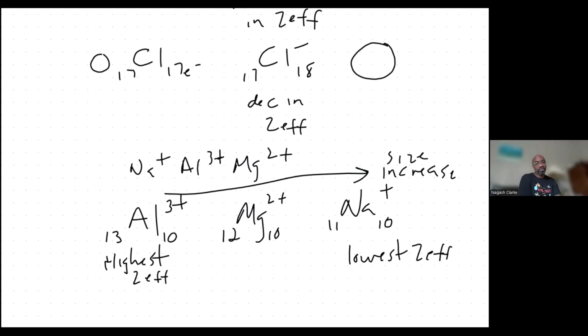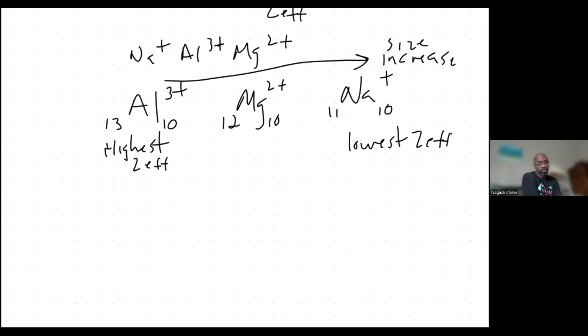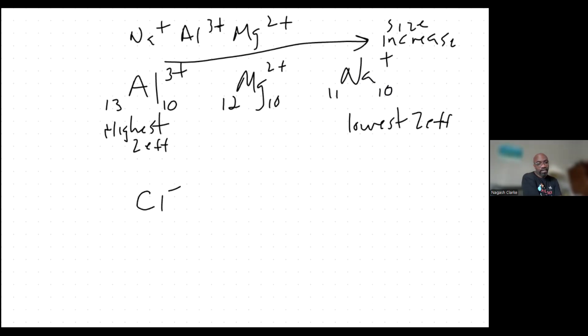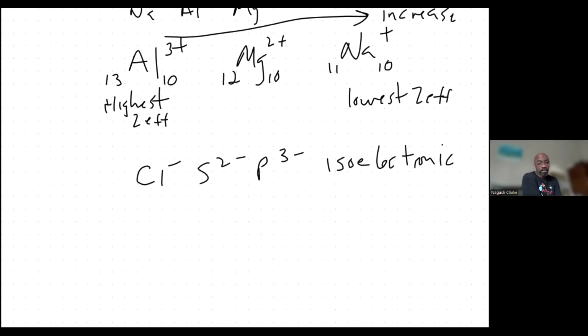Now let's look at anions: chloride, sulfide, phosphide. They're all isoelectronic, meaning they have the same electron configuration, because they all look like argon: 2, 8, 8.